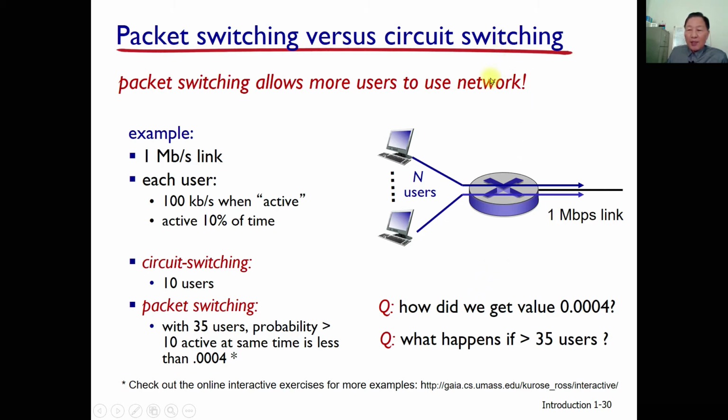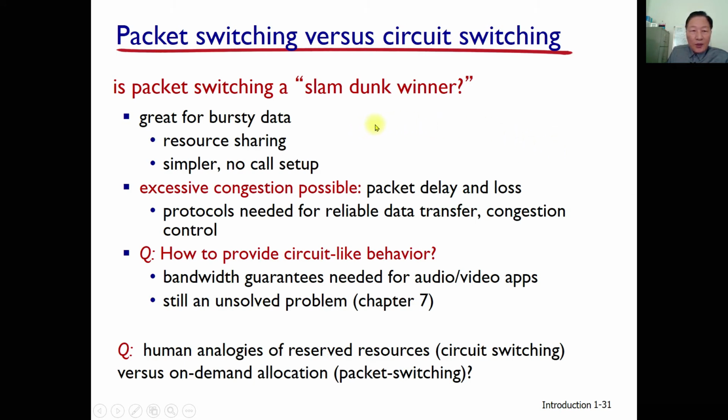Circuit switching is similar to railroad transmission, and for packet switching you can think about the highway for car traffic. Still, we are comparing packet switching versus circuit switching, because circuit switching is a traditional technology introduced a long time ago, since the first introduction of the telephone at the early 19th century.